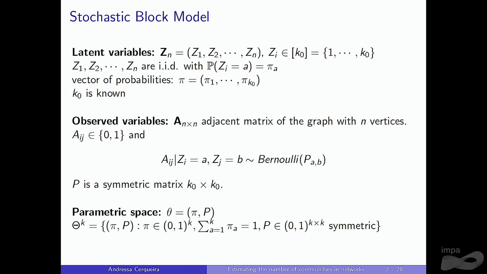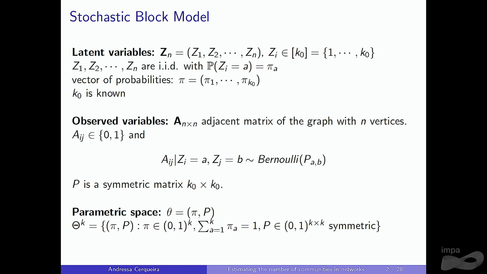So in this statistical model, we have the latent random variables, the observed random variables, and we can also define the parametric space. To make things easier, I will define a new parameter vector theta, which is just the vector of probabilities pi and the matrix P with the probabilities associated with the Bernoulli.